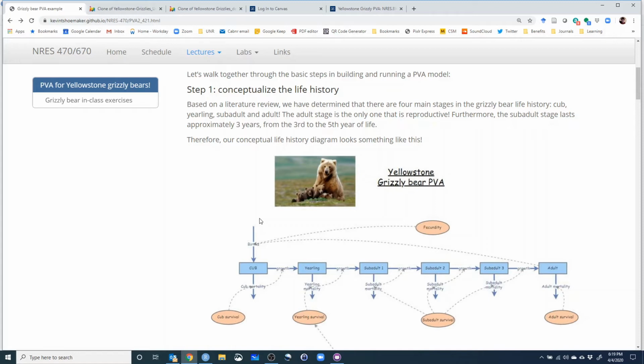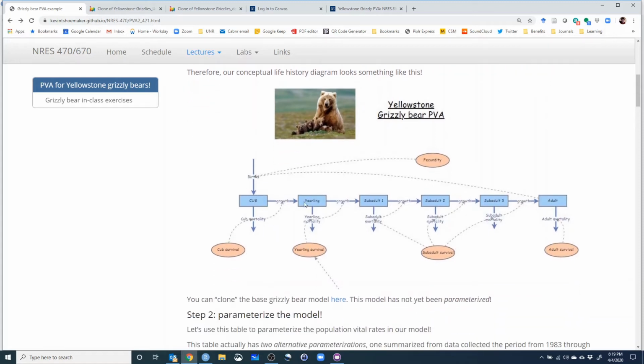So it looks something like this. We can see that cubs transition to yearlings, yearlings transition to subadult in their 1st year, so that would be in their 3rd year of life. And the second subadult stage is in the 4th year of life, the 3rd subadult stage is in the 5th year of life, and then they become reproductive adults after that.